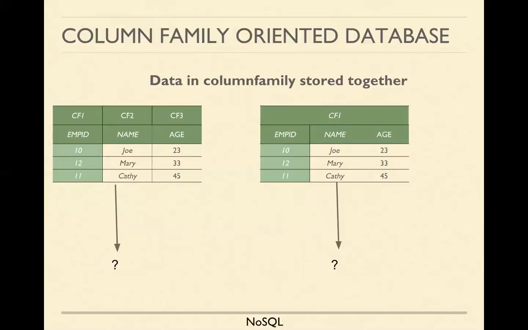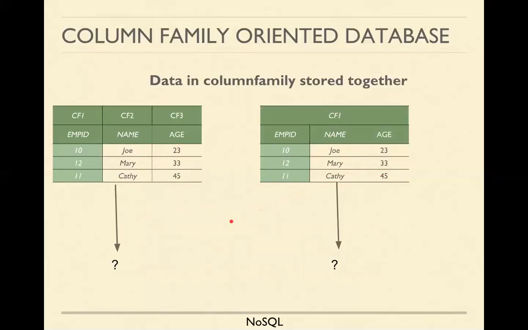In the column family oriented database, each column family gets stored. So it'll be stored like 10, 12, 11, followed by Joe, Mary, Kathy, and then 23, 33, 45. In the second one, the data will be stored in this fashion: 10, Joe, 23, 12, Mary, 33, 11, Kathy, 45.